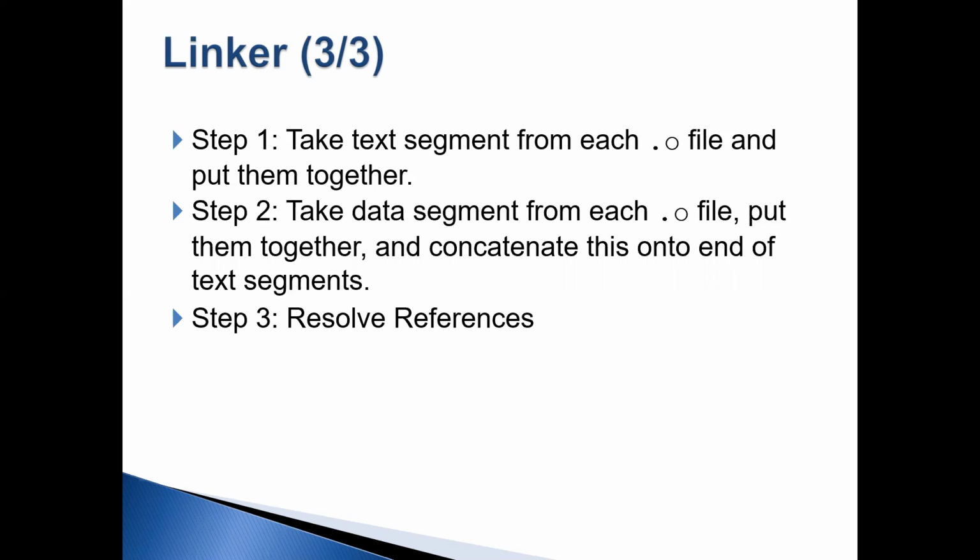resolve all the references, because now you have the text segments completed. You know the address of each instruction, right? So which means that by looking at the symbol table and the relocation tables, you now know when I call JAL, where should be the final address of this target, right? So this is happening during the linker, because the linker combines all the text segments, combines all the data segments together.